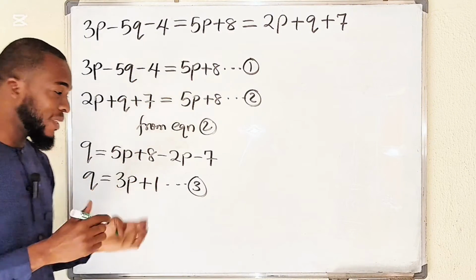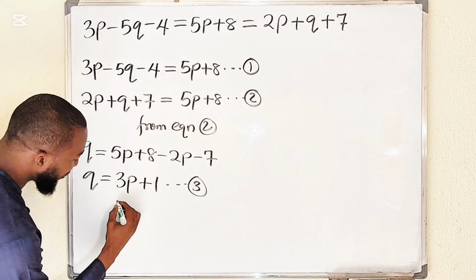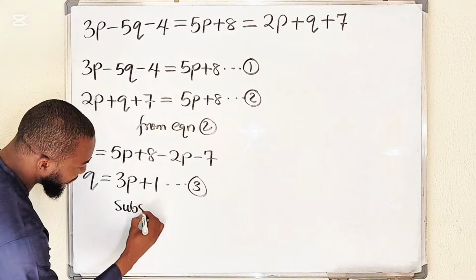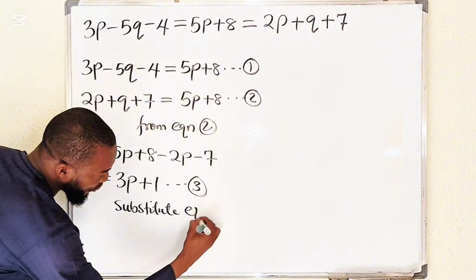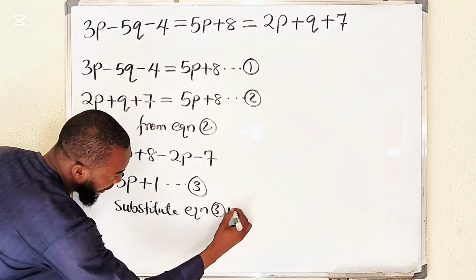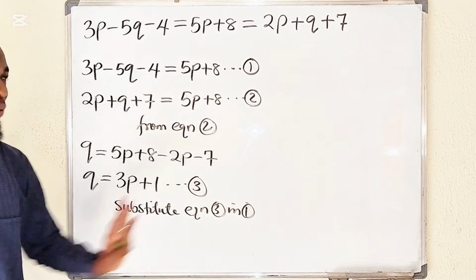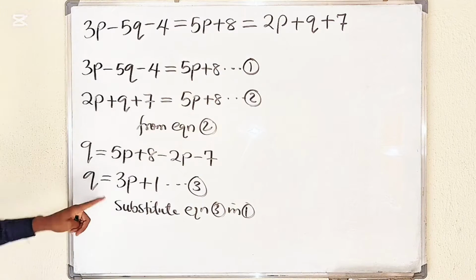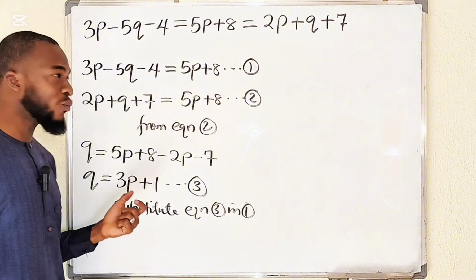If you are writing, please state whatever you are doing. So instead you should write substitute equation number 3 into equation number 1. So wherever we have q in equation number 1, we are going to replace it with 3p plus 1.